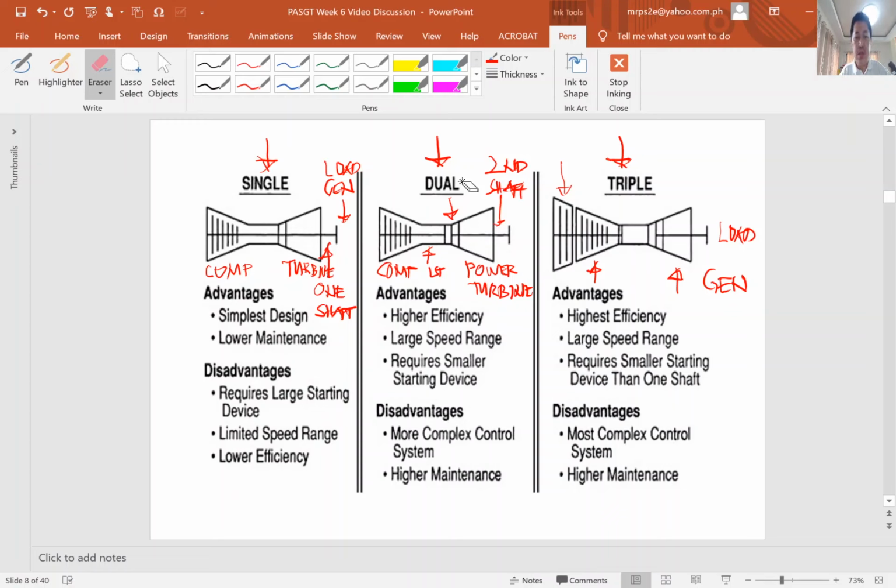In the dual shaft gas turbine or the double shaft, the advantages are higher efficiency, large speed range, and requires a smaller starting device, and the disadvantages are a more complex control system and higher maintenance. For the triple shaft gas turbine, the advantages are high efficiency, large speed range, and requires a smaller starting device than one shaft, and the disadvantages are the most complex control system and higher maintenance.